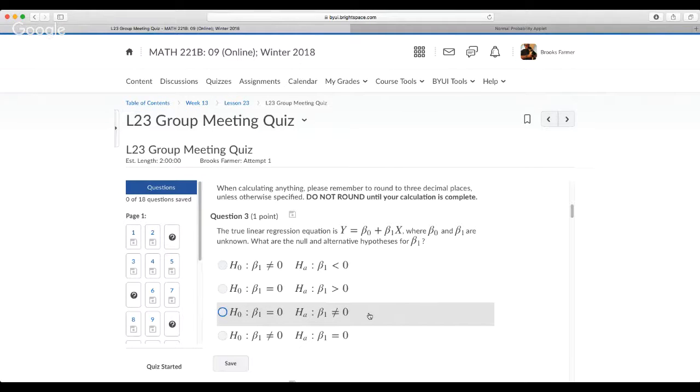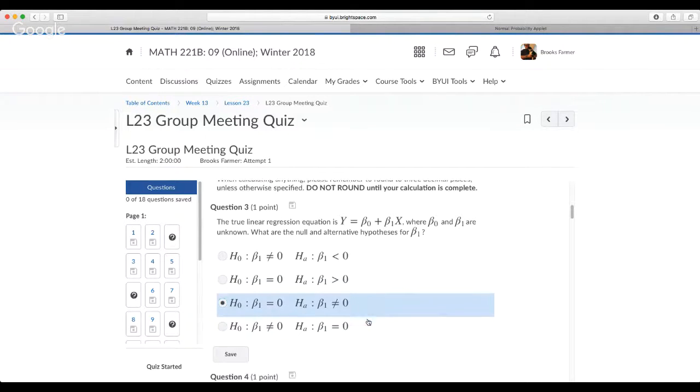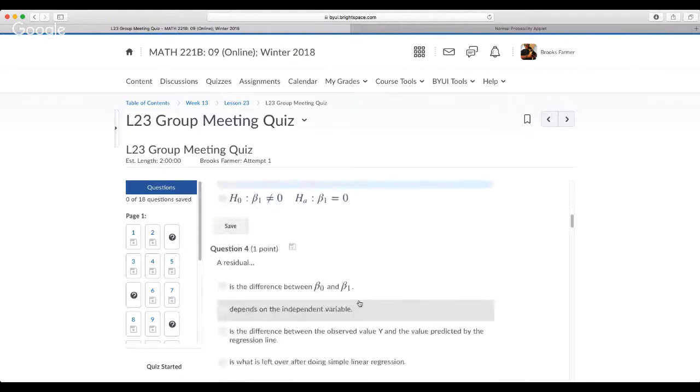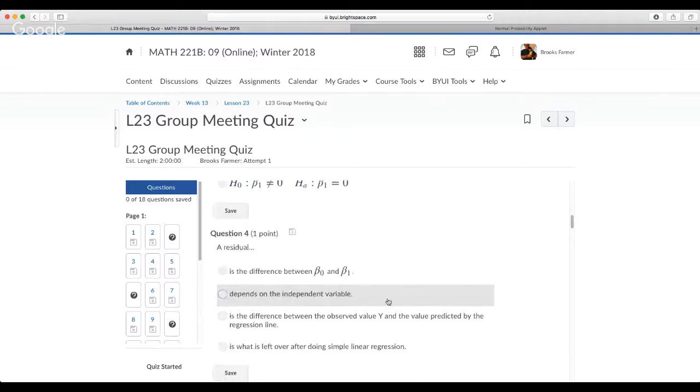I think that's it, because beta 1 is the slope, and the question is where the slope is 0. Yeah, so essentially we're trying to figure out if there's an effect. Yeah, because if the slope is 0, then it's not linear. Exactly. So we assume it's linear unless proven otherwise.